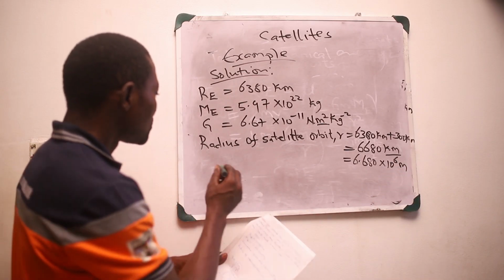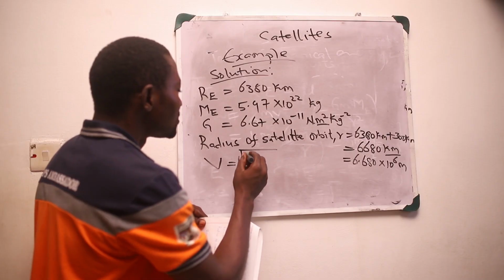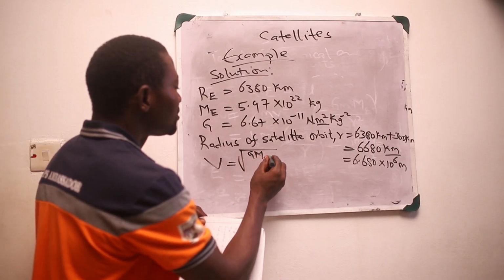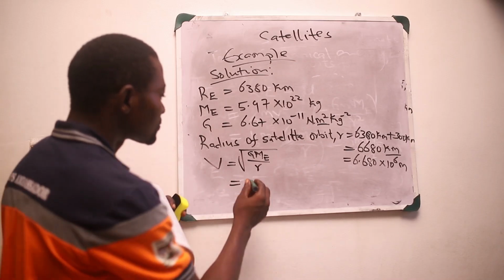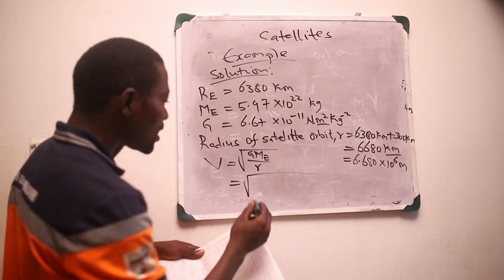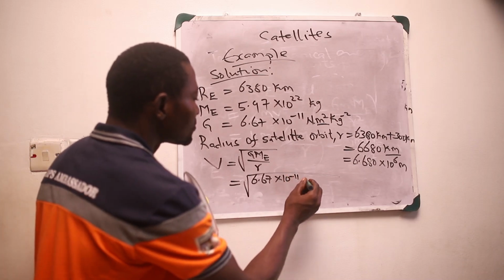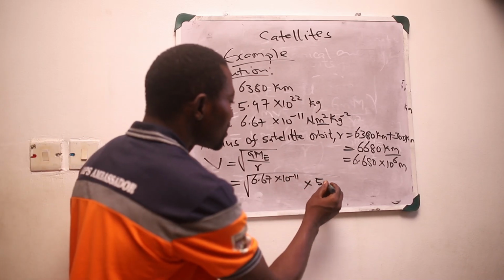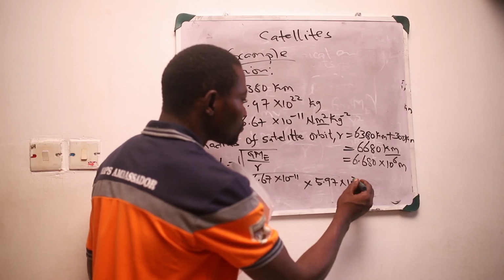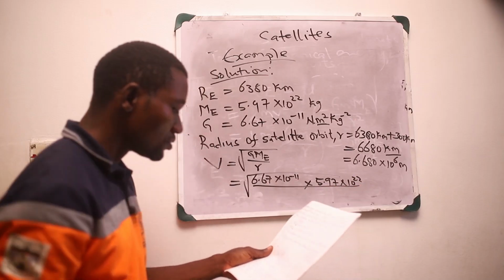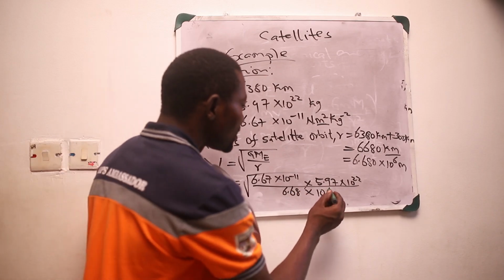So with this, using our formula for the velocity of the satellite, square root of G Me over R, if we substitute, we will have 6.67 times 10 raised to power minus 11 times 5.97 times 10 raised to power 22, all over 6.68 times 10 raised to power 6.